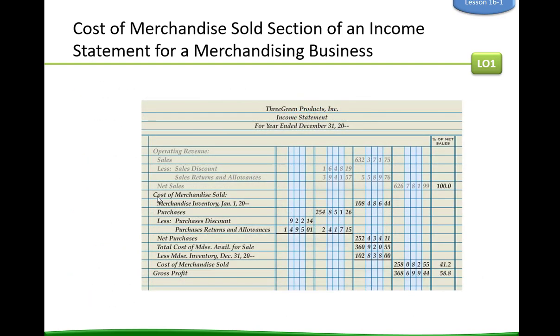So we're going to go through this cost of merchandise sold. You're going to find your merchandise inventory at the beginning and write that number down. Then you're going to add into that your purchases, but right now we're just going to record that number. Less purchases discount and returns and allowances. So we're going to find those two numbers.